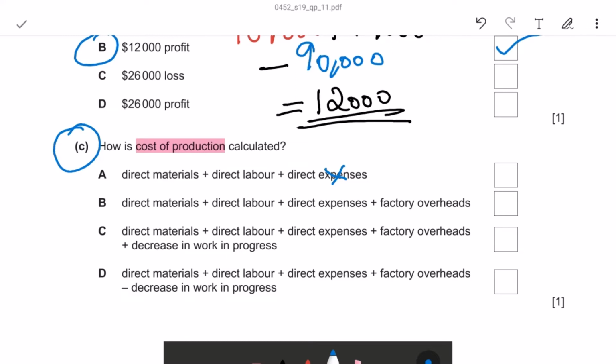So the correct answer is C, plus decrease in work in progress minus increase in work in progress. That's why we will not take D, which is minus increase in work in progress plus decrease in work in progress. So we choose C.